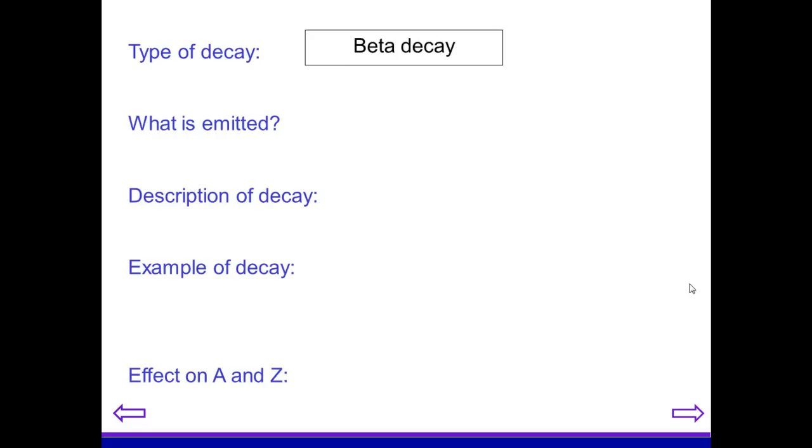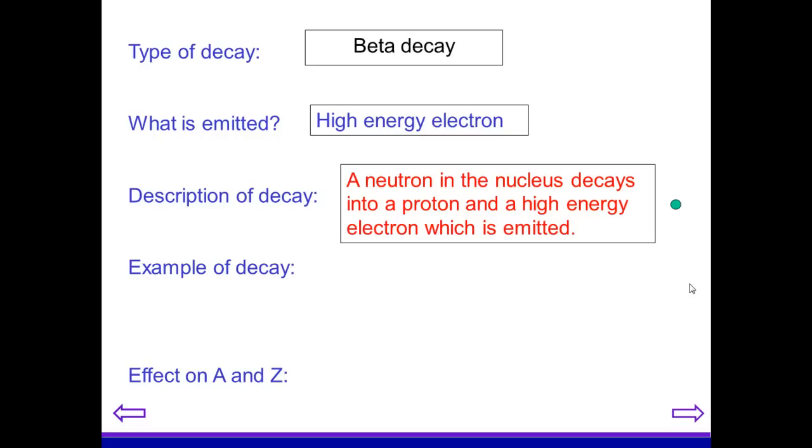Another option we have here is beta decay. Now this is normally a high energy electron, and what happens here is a neutron in the nucleus decays into a proton. So a neutron just becomes a proton, and at the same time as that happens, to make sure that the charge is balanced, if we're creating a positive charge, we've also got to create a negative charge, and that negative charge is shot off.